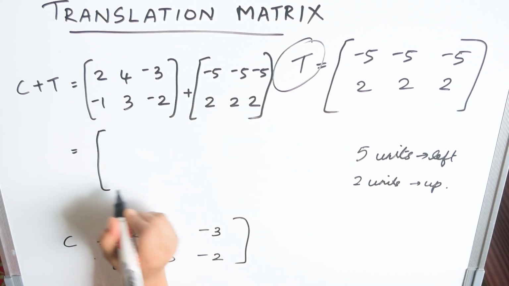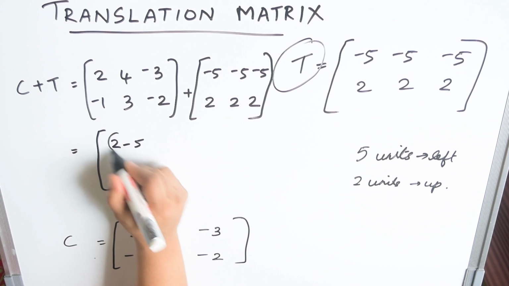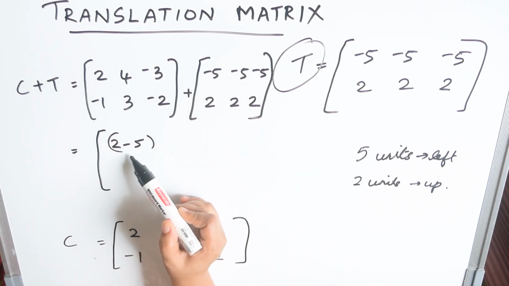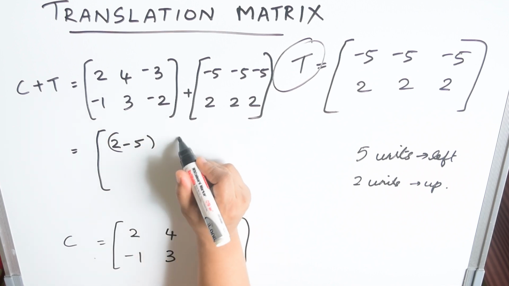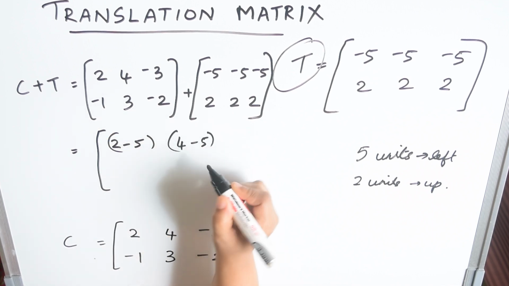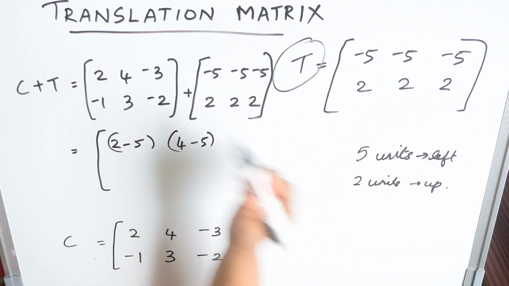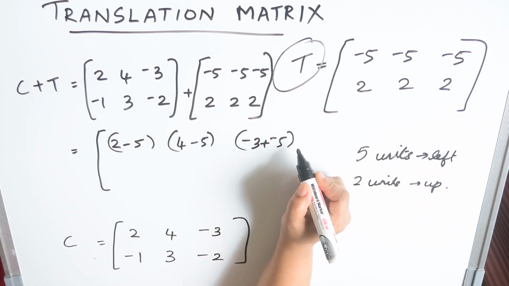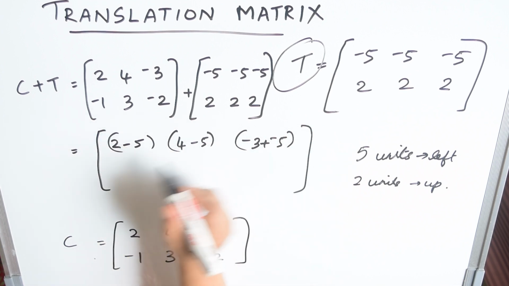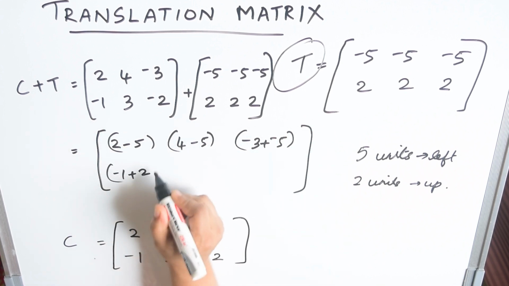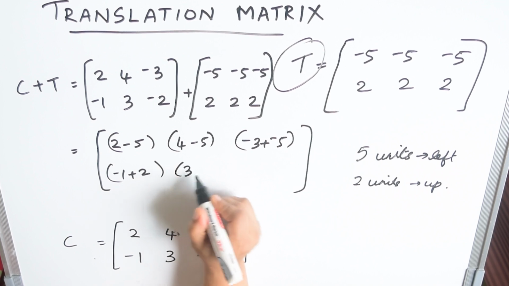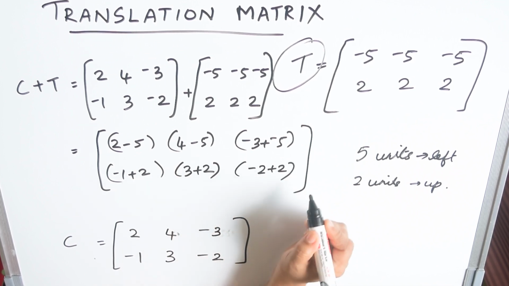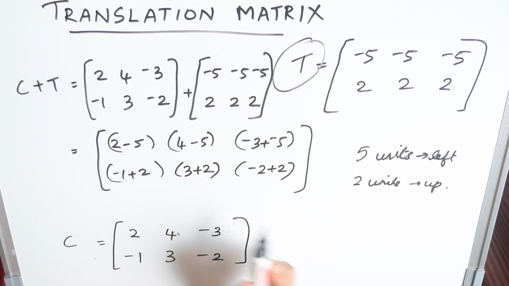That will be equal to 2 minus 5 as the first element in the first row, 4 minus 5 as the second element in the first row, minus 3 plus minus 5 as the third element in the first row, minus 1 plus 2, 3 plus 2, minus 2 plus 2. So these elements will be in the second row.